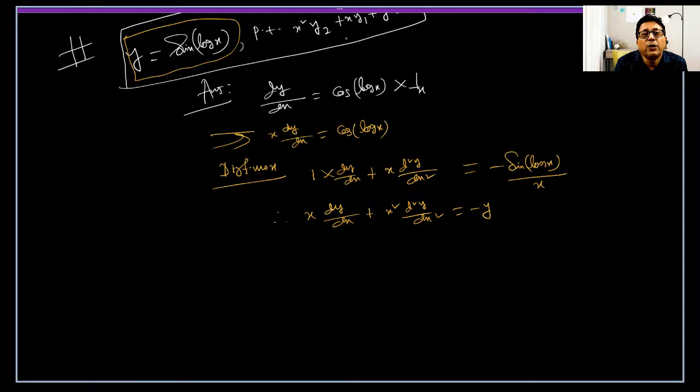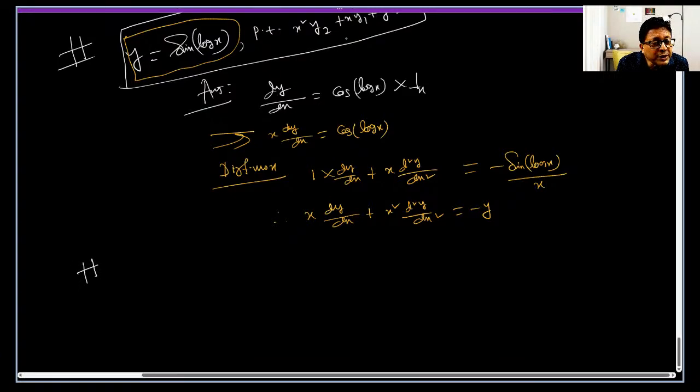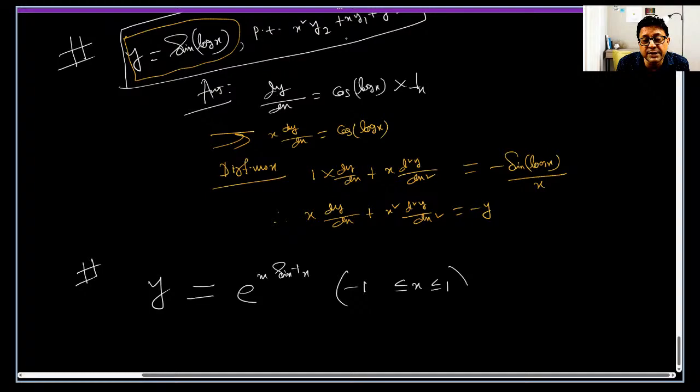Let us go for more difficult problems now. It is given that y equal to e to the power m sin inverse x, when minus 1 less than or equal to x less than or equal to 1.